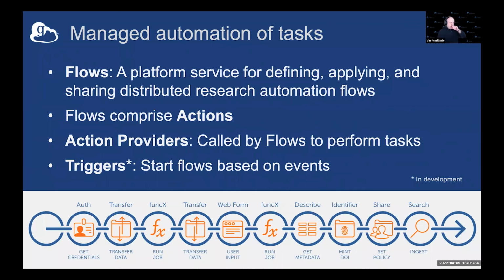For all the Globus services, or most of them right now, I think we have action providers. So if you want to run a transfer or ingest something into an index like we just did, there's an action provider for that. In your flow, you define a step that says ingest into the index, and you tell it which action provider to use. When it gets to that step in the process, it will take whatever input data it requires and do its thing.